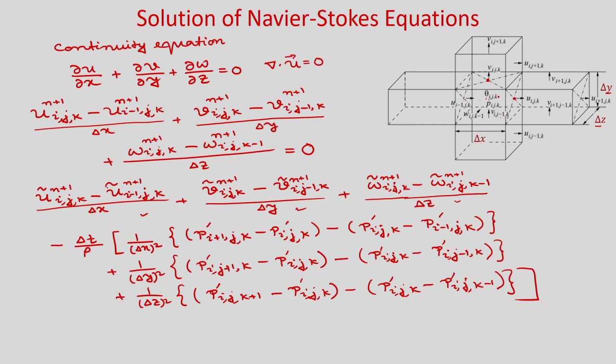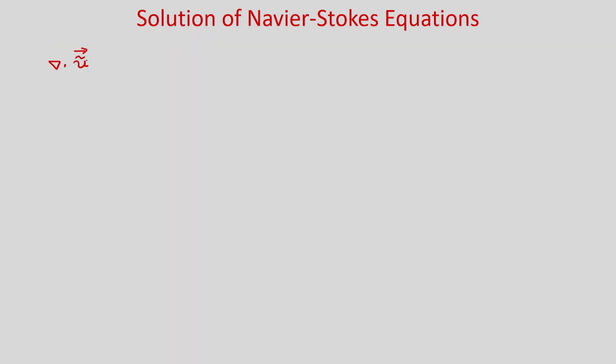So, we write these three terms in the divergence form, divergence of u tilde, and you have minus delta t by rho, after rearranging, p prime i plus 1 j k minus 2 p prime i j k plus p prime i minus 1 j k divided by delta x square.